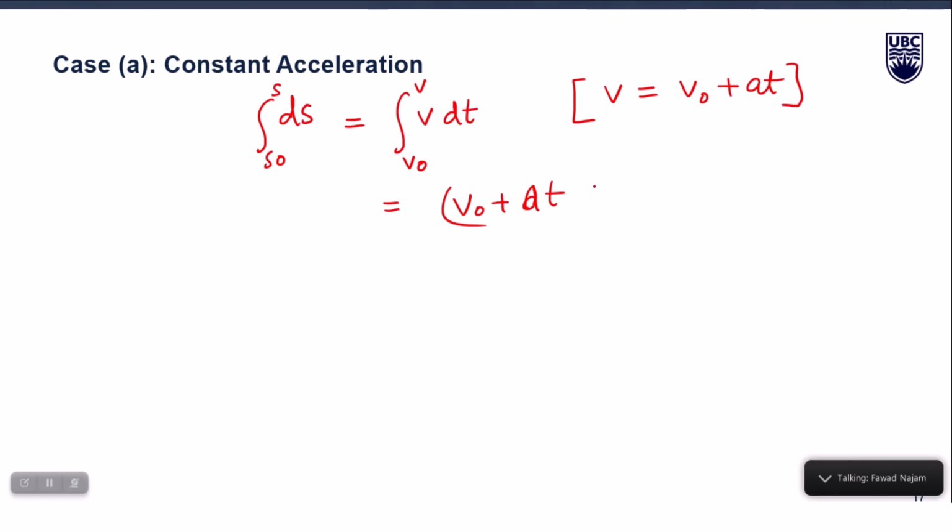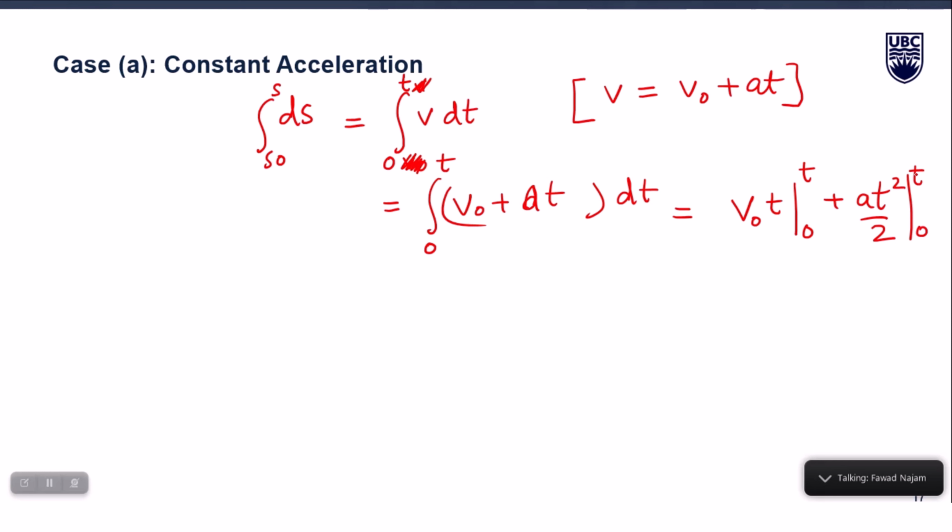dt, and the limit should be in the form of time, so it should be from 0 to t, and that should give me v naught t, with the limit from 0 to t, plus at square over 2, from 0 to t, right.